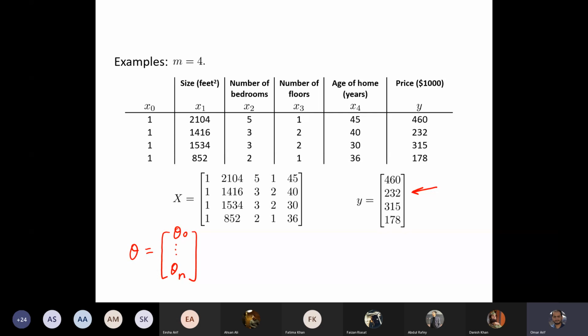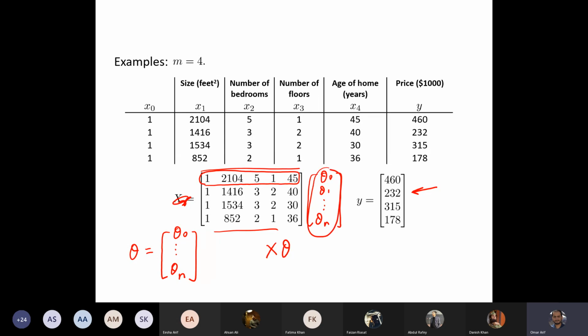If I multiply x by theta, what should it give me? If I have the right parameters, what should x multiplied by theta give me? This part is x. If I multiply by theta, which means I multiply by this vector here, this is matrix multiplication, so I have the first row multiplied by the column here.